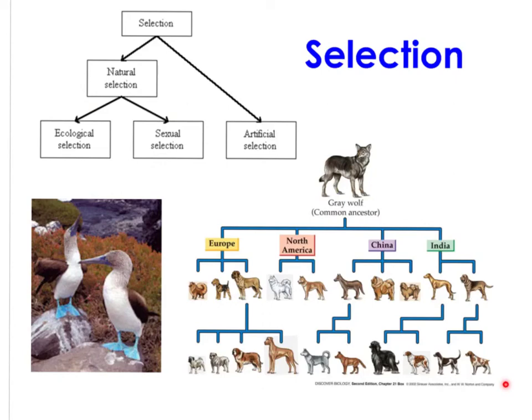So it's a big question, are they really all in the same species? Certainly a Great Dane and a Chihuahua would not be capable of producing offspring. So here's an example of artificial selection. It doesn't occur naturally, but human beings have caused the evolution of many different breeds of dogs.